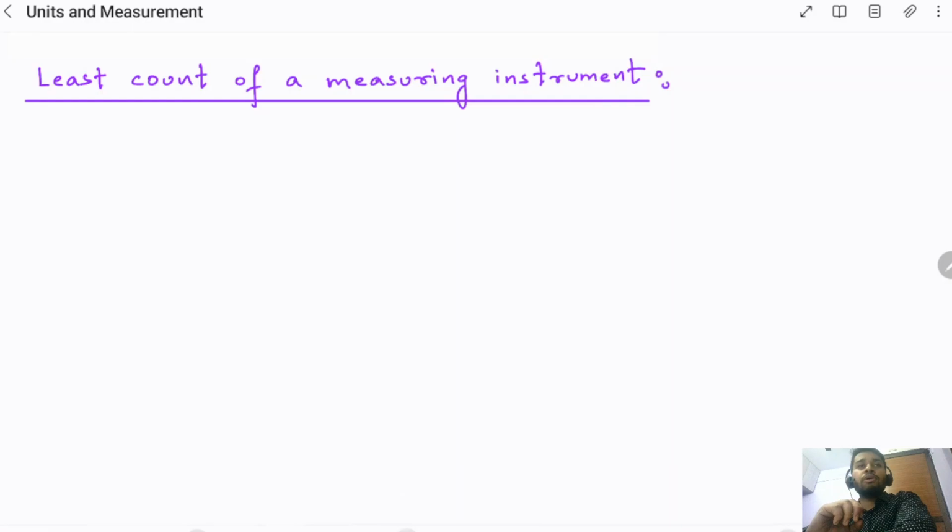Okay, so least count of any measuring instrument is the minimum value that can be measured from the instrument.